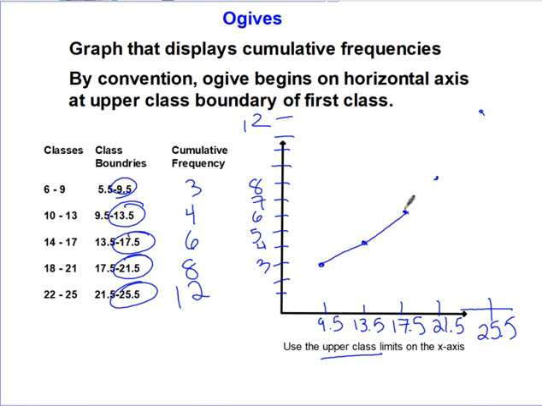This graph's always going to increase because your cumulative total is increasing. Now, I need to get back down to 0 to start off with. To get that first number, I'm going to take 9.5 and again subtract that magic number, and it ends up being 5.5. And there's my start at 0.